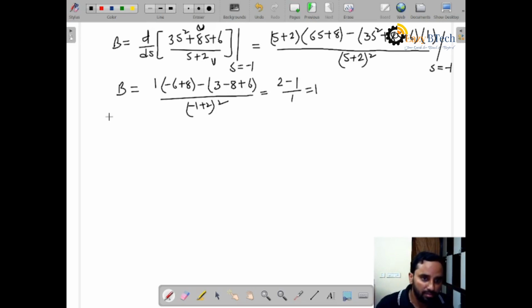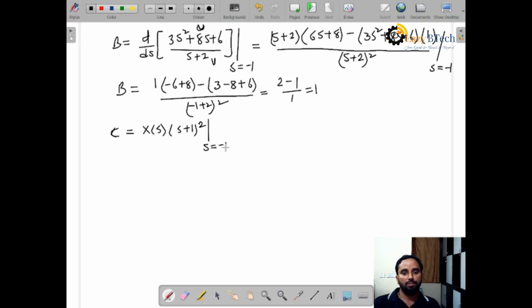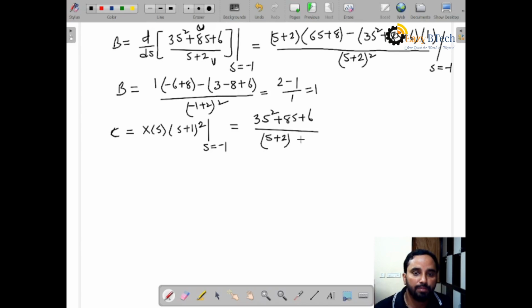Next, c value. We can get the c value very easily. So c is equal to x of s multiplied by (s plus 1) whole square, and keep s is equal to minus 1. So here write down x of s: (3s square plus 8s plus 6) divided by (s plus 2)(s plus 1) whole square.